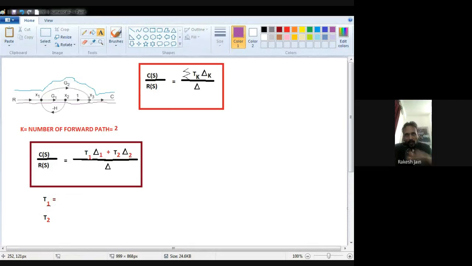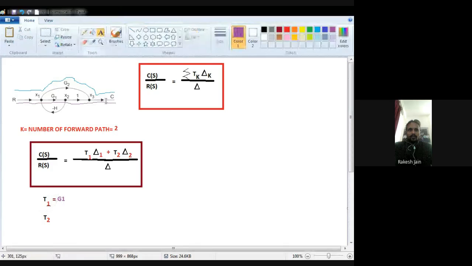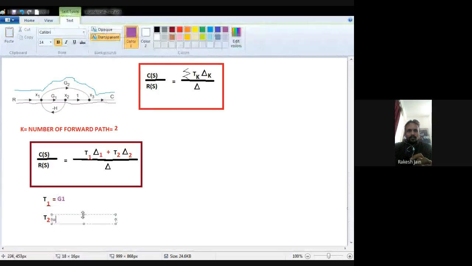Then x2 to x3, 1 is there, so 1 multiplied by g1 multiplied by 1. Then we reach the output node with nothing written over it, so 1. So g1 is the only thing written, so I write g1 as the first forward path gain.